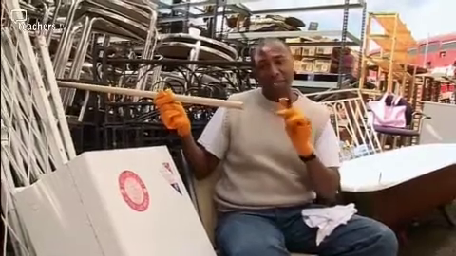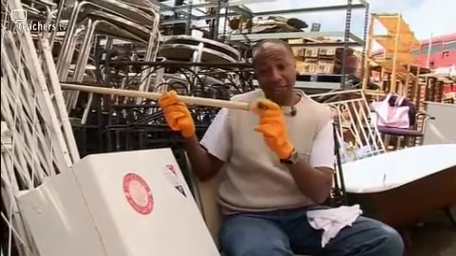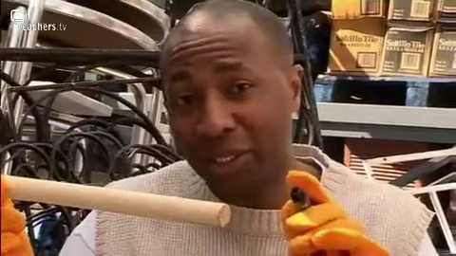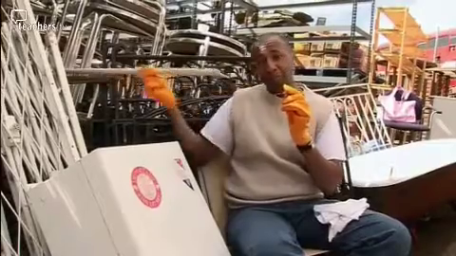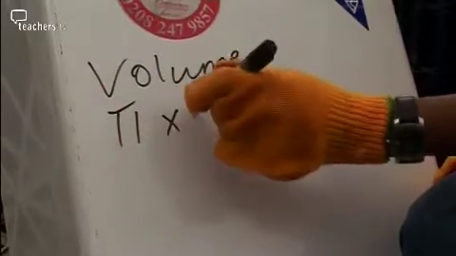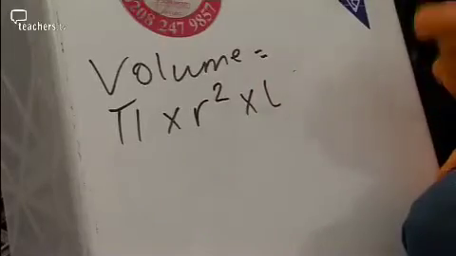The volume is the area of its end here multiplied by its length. But watch out, we can't mix units. That is, millimeters with centimeters and meters. So on this occasion, we're going to use centimeters. So let's work it out. The volume is equal to pi times the radius squared, and that's the area of the end multiplied by its length.